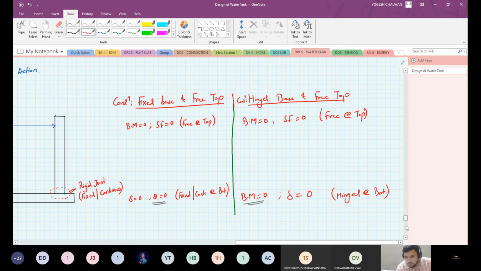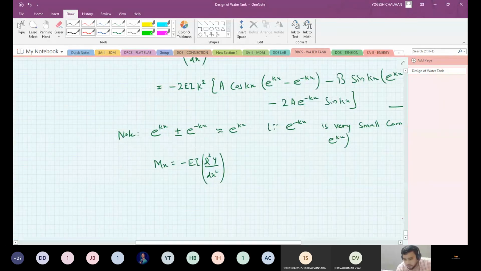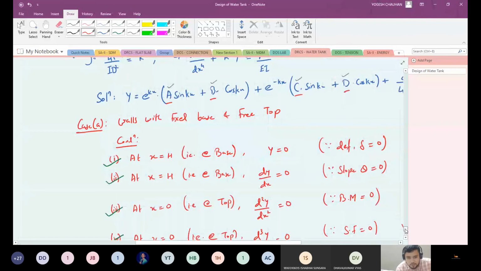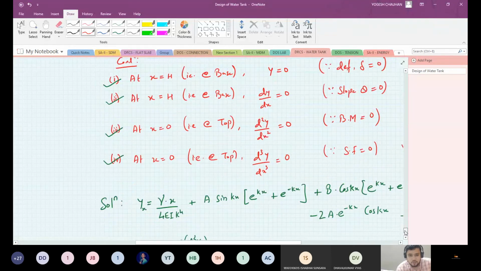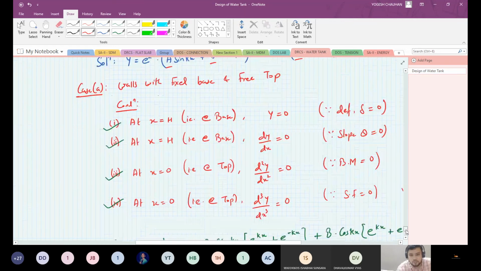Same way, second case, case 2, that is walls with hinged base.